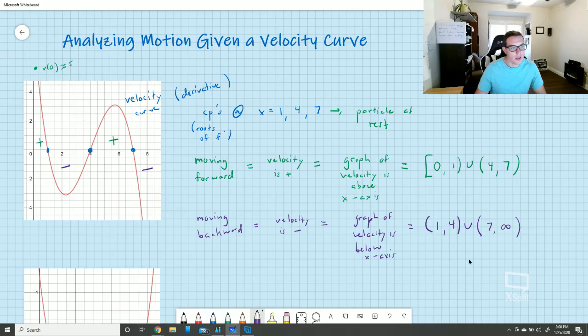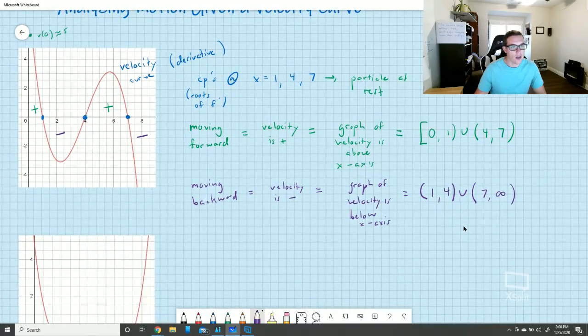Other things I can ask: when is the particle speeding up or slowing down? So let's talk about speeding up. Speeding up means velocity and acceleration have the same sign, meaning they're both positive or they're both negative. Well, where is that happening?